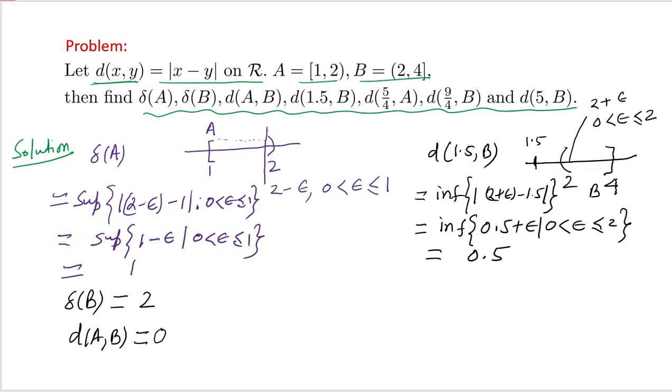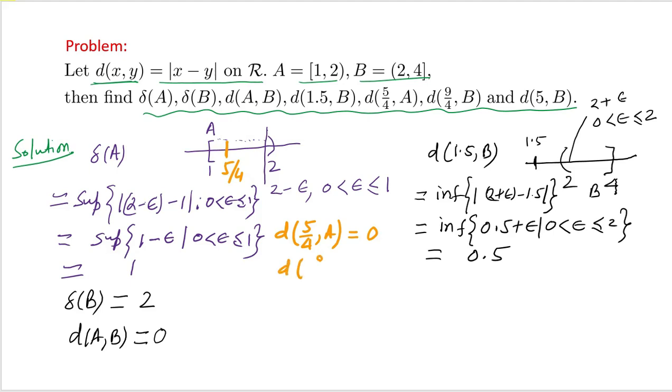Now next we are going to discuss D of 5 by 4, A. Now D of 5 by 4, A, you can very easily conclude that it is equal to 0. Why? Because 5 by 4 is a member of A. 5 by 4 could be somewhere here in the set A. So 5 by 4 is a member of A, and we have seen already that if x belongs to A, then dxA is equal to 0.